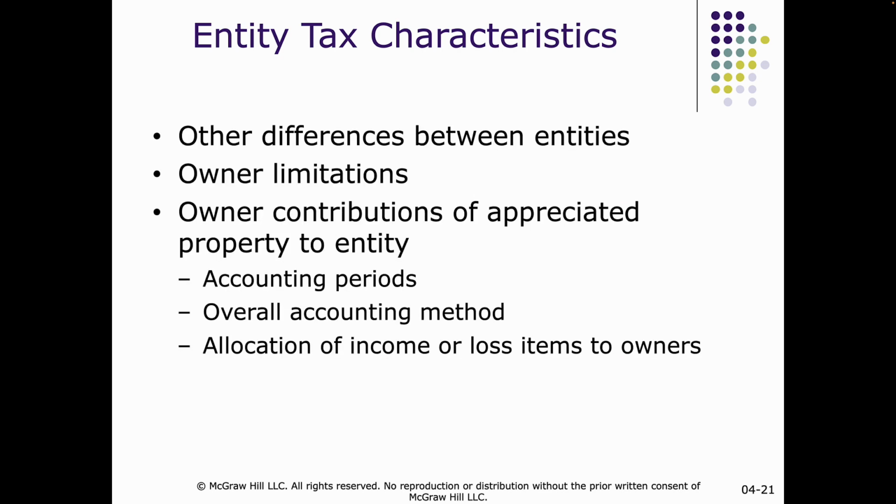So other things to consider as we're looking at all of the entities' tax characteristics, right? You want to consider the differences between the entities. You want to consider any owner's limitations, and the owner's contributions of appreciated property to the entity. As always, accounting comes into play, so we want to look at accounting periods, the overall accounting method, and the allocation of income or loss to the owners.